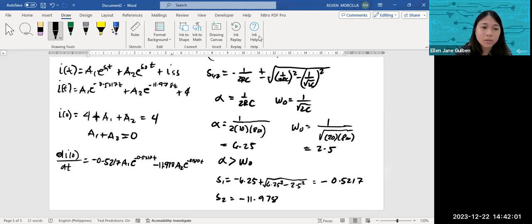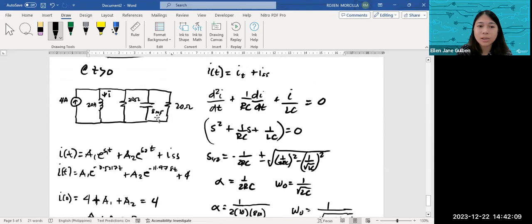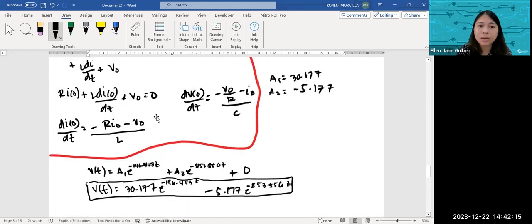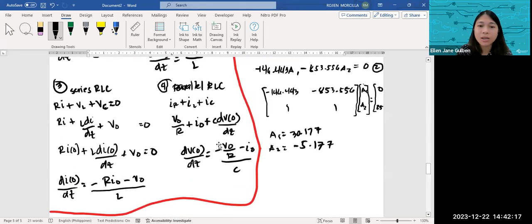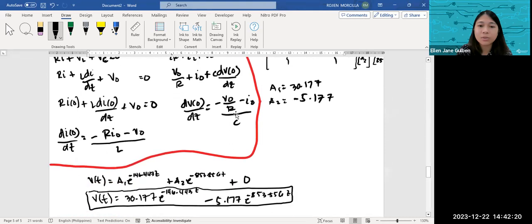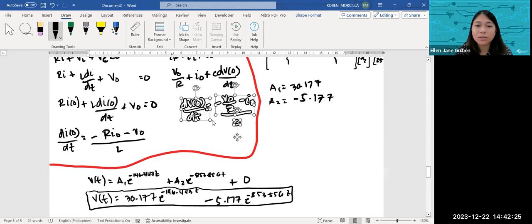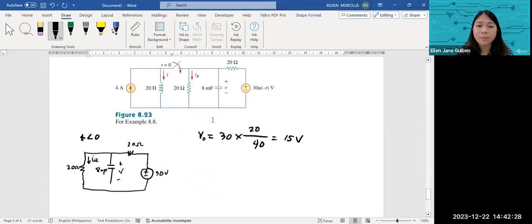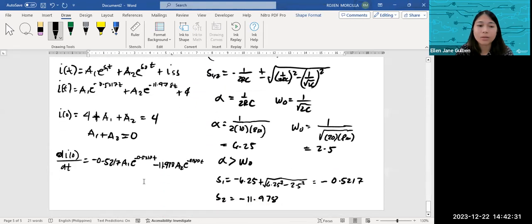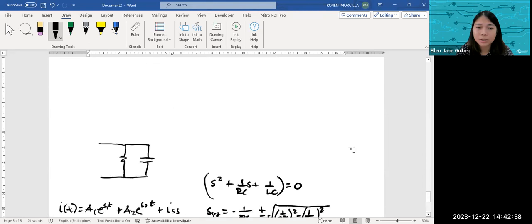Now we will determine the value of the dI0 over dt. Let's go back to our, looking here, we have a parallel, which is the same as before, no? So let's just copy this one.